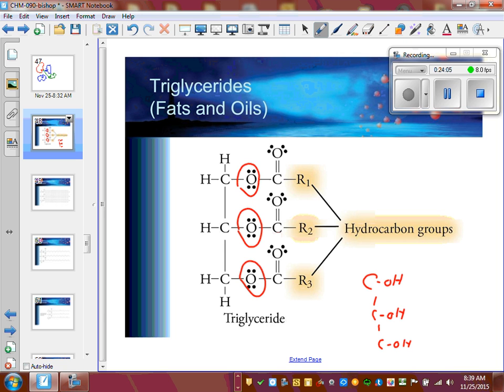Remember, 3 carbons with alcohol groups was called glycerol. We did that a few slides ago. So this is glycerol. We react it with 3 carboxylic acids.